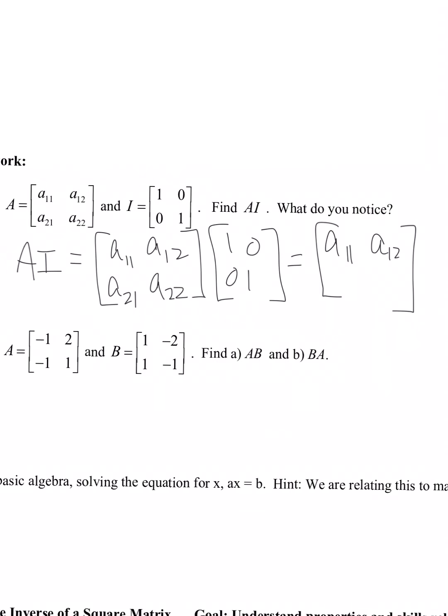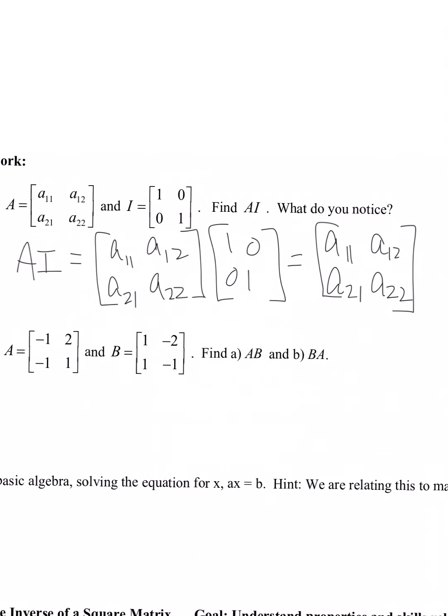Now we want to get entry 2, 1, so that's going to be row 2, column 1. That'd be A21 times 1 plus A22 times 0, which would just be A21. And then lastly, over here, entry 2, 2, row 2 times column 2, A21 times 0 plus A22 times 1 is just A22.